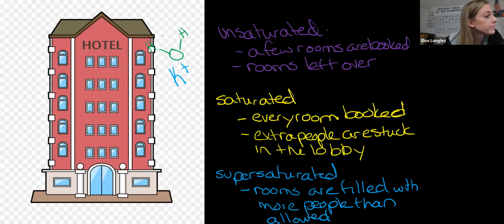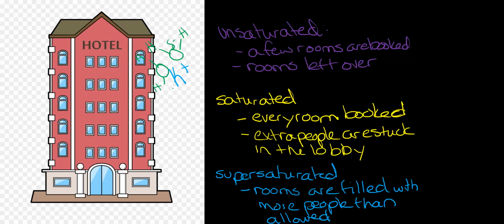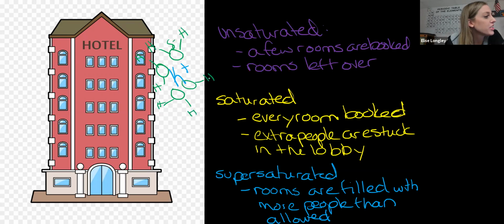Because the charges are different. Yes, the negative and positive. So oxygen literally surrounds potassium. The oxygens are the walls of the hotel room. If I had a chlorine, the hydrogens would be the walls of the hotel room.